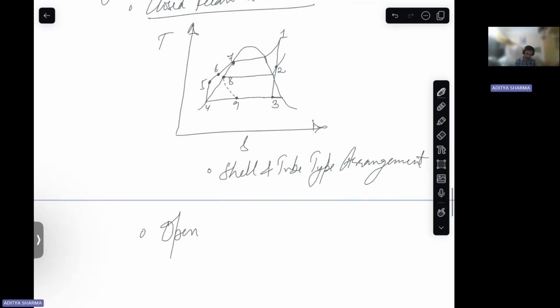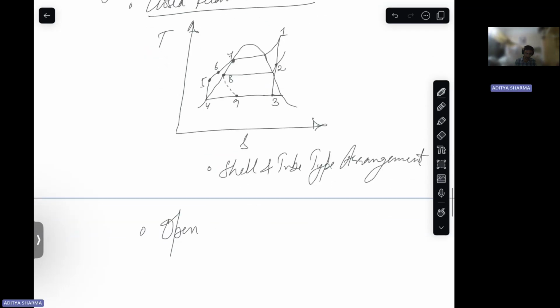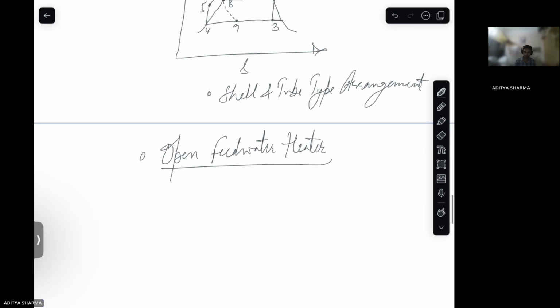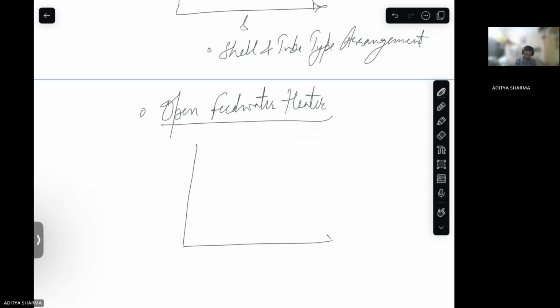Then if you talk about the open feed water heater, its diagram is something like this.